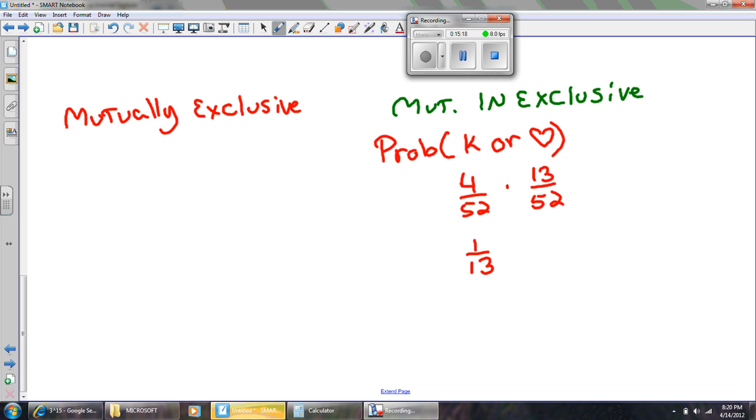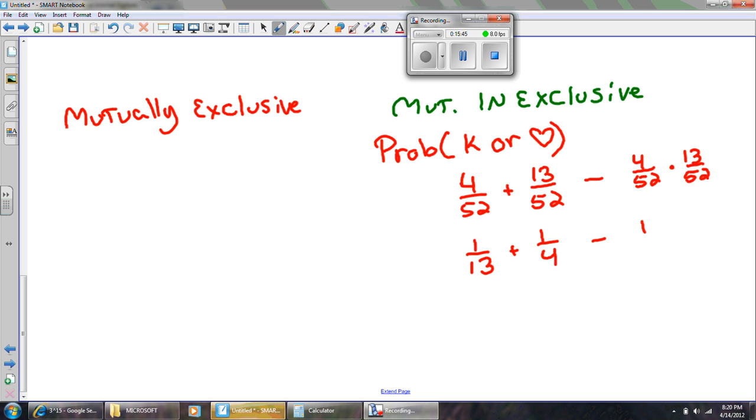And I'm going to add these together, okay? And I could do this with the 1/4 if I want. Now I do have to subtract off the 4/52 times the 13/52. That's where the king of hearts happens twice. That's what I need to do.